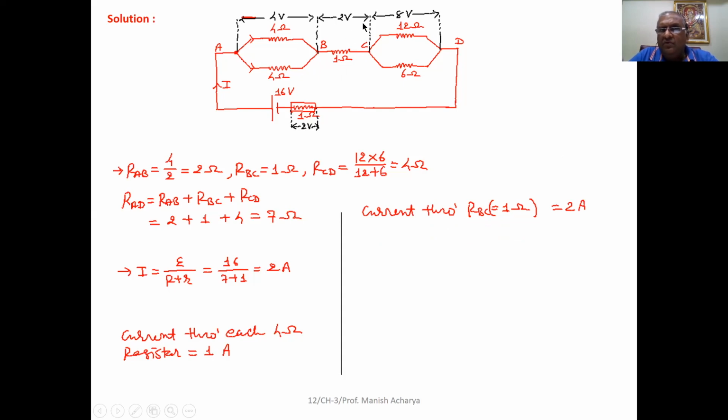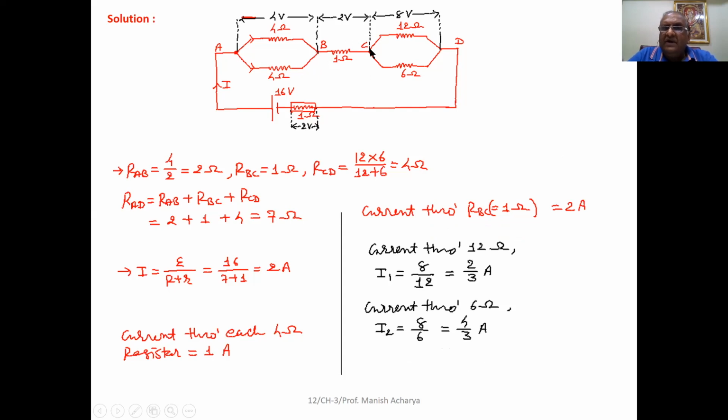So 2 volt potential difference will be there between B and C. Then after, at C, again these 2 ampere will be distributed in two parts. But now see here, between AB the potential difference is 4 volt. Between BC it is 2 volt.